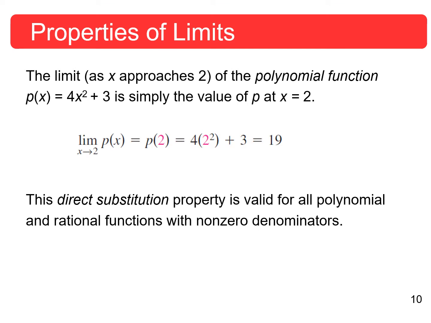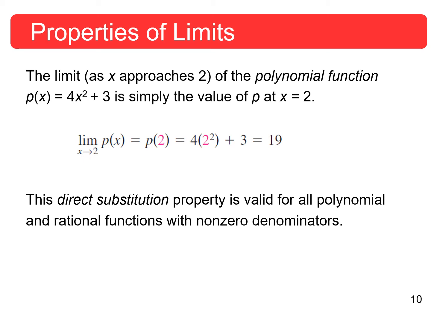Generally speaking, the direct substitution method is valid for any polynomial function. Like in the previous example, we could think of this function here as a polynomial function. And when we evaluated the limit of this polynomial function as x approaches 2, we found out that this is just equal to p of 2, which is just the value of the function evaluated at x equals 2.